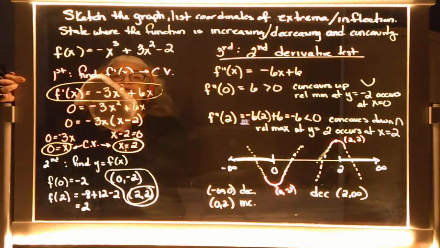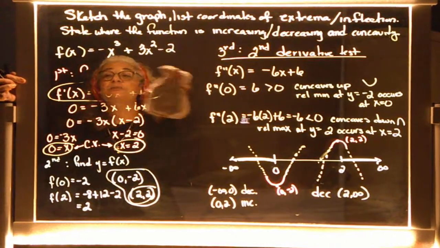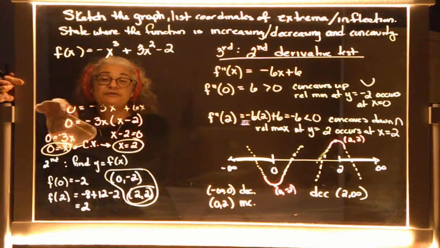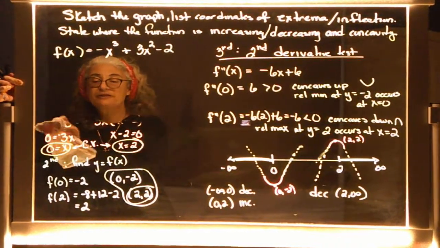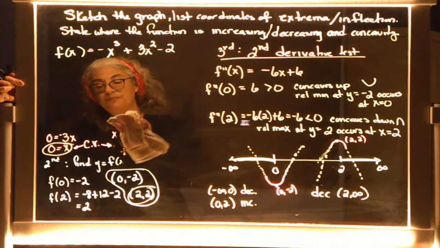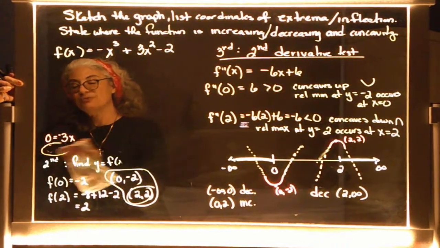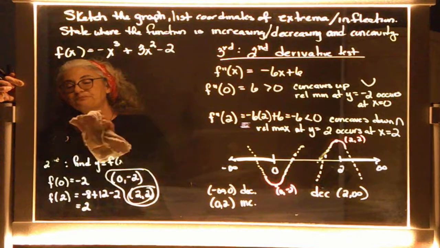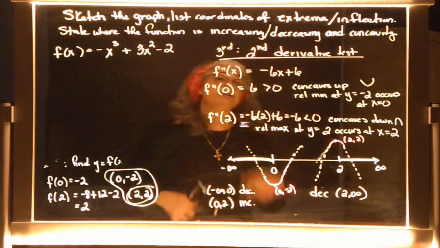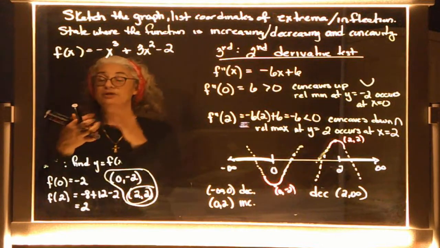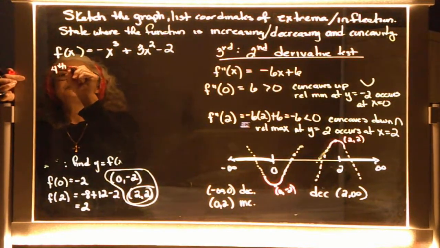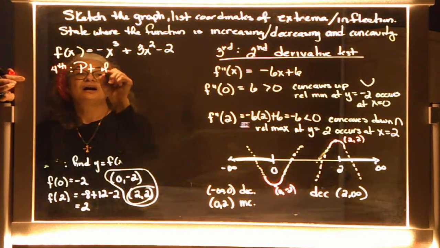Now, there was one other thing that they asked me to find, which was a point of inflection. Now remember, that was the new piece of information. The point of inflection is found by taking the second derivative. Do you agree? So, when I look at the second derivative, which we already found over here, I'm going to give myself a new title because this is the fourth step: the point of inflection.